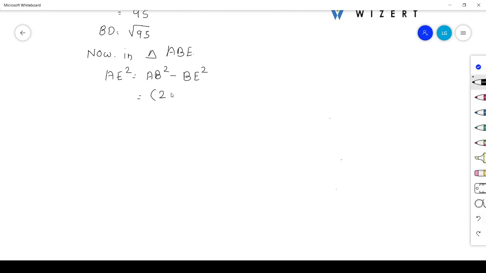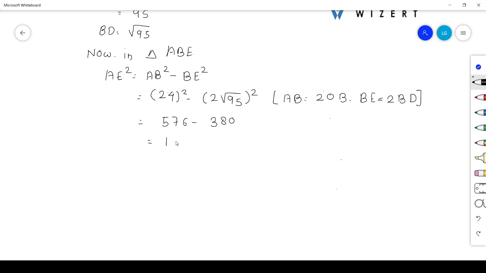AB is 2 times OB, so it is 24, and BE is 2 times BD, so it is 2 root 95, squared. So AE square is 576 minus 380, which is 196.